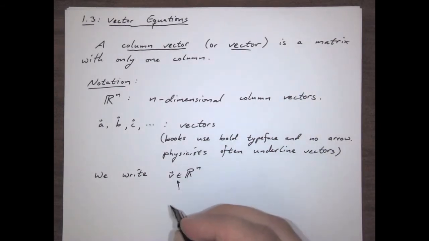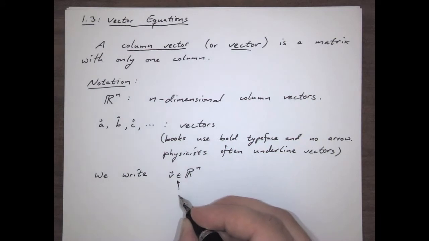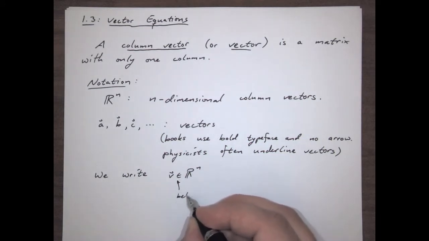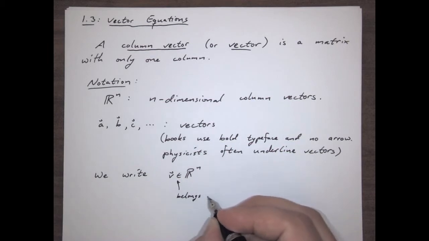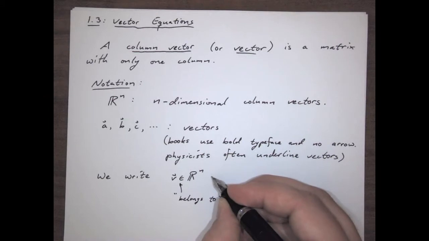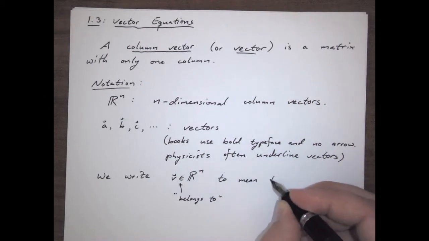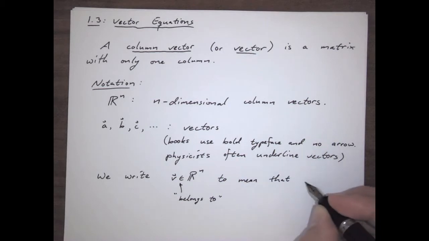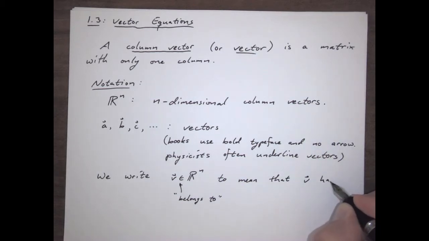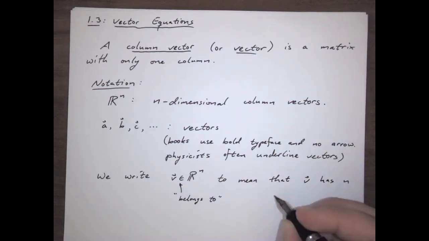That's what that means, belongs to, or is an element of. It's a Greek letter epsilon, short for element. We write this to mean that V has n entries.